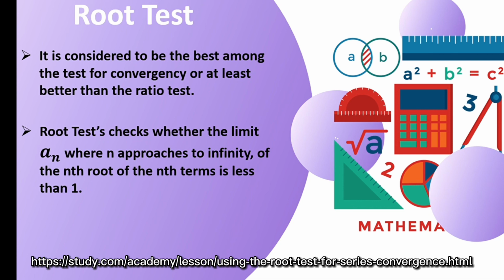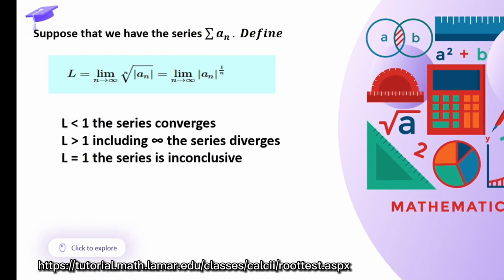Root test checks whether the limit as n approaches infinity of the nth root of the n terms is less than 1. Suppose that we have the series of the sum of a sub n. Define L equals the limit of the nth root of the absolute value of a sub n as n approaches infinity, equals the limit of the absolute value of a sub n raised to the power of 1 over n as n approaches infinity.